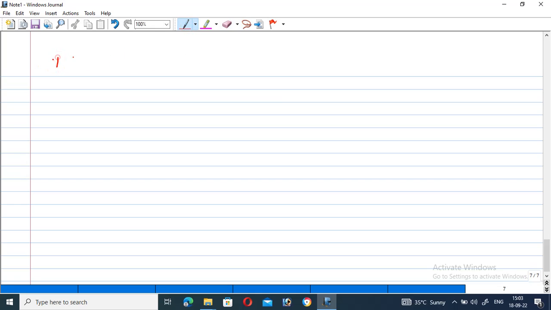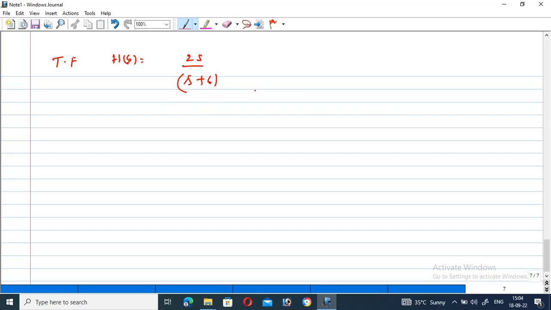Given that the transfer function is H(s), they have given already. H(s) is equal to 2s by s plus 6. They are giving like this. Then what they are expecting is to find the y(t).